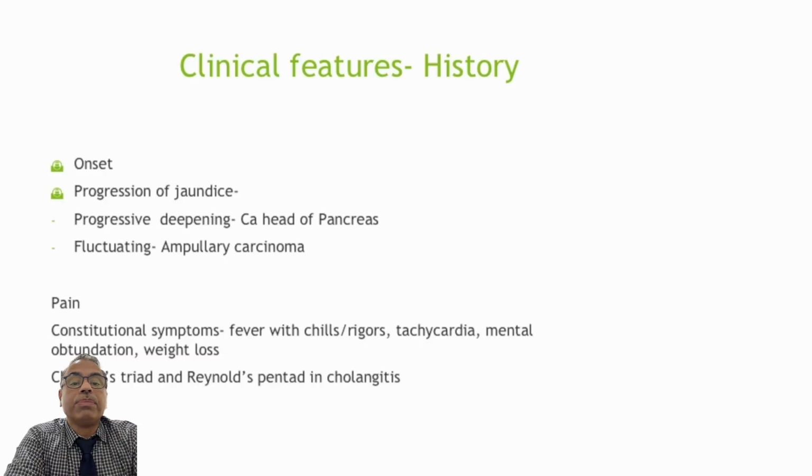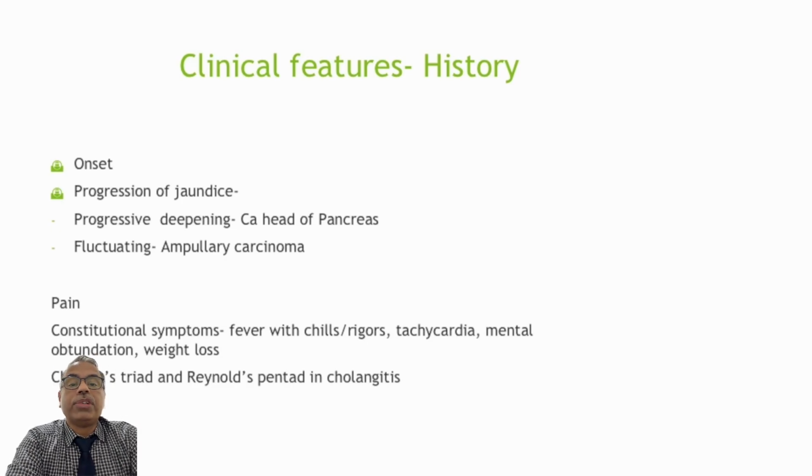That means five symptoms and signs which are present in this patient. This constellation suggests that this patient of cholangitis is going into sepsis. So all patients should be initiated appropriate treatment to prevent the progression to such a stage.